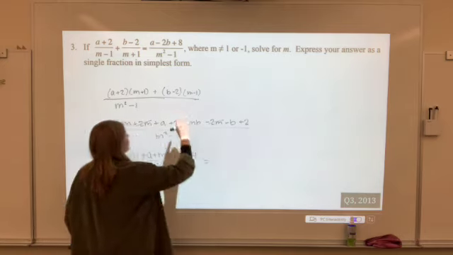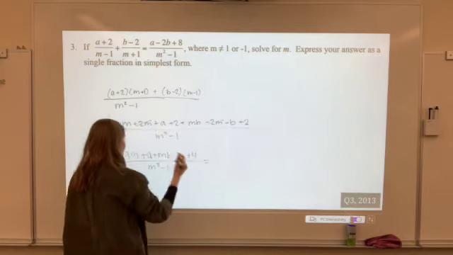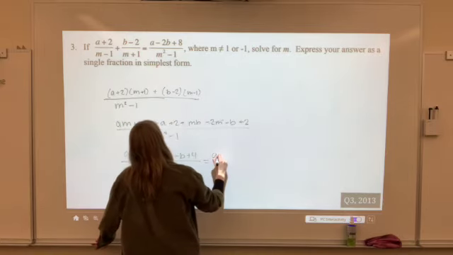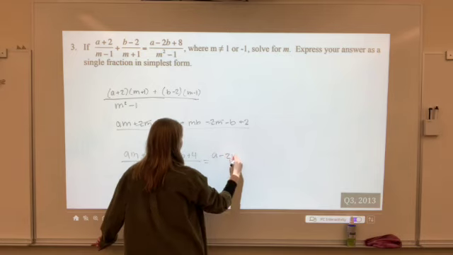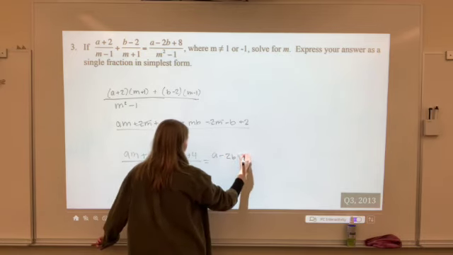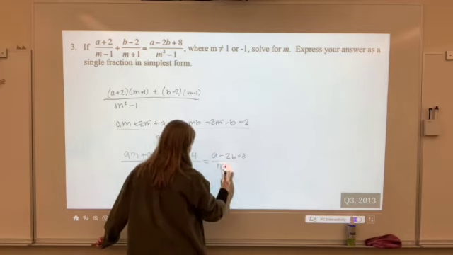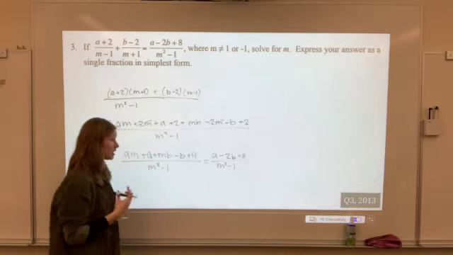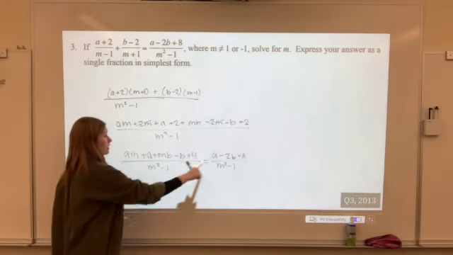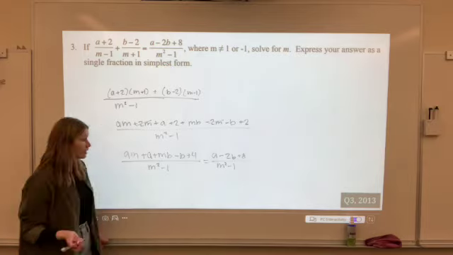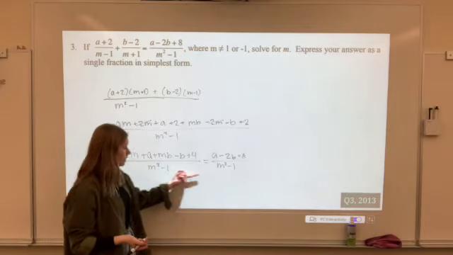And remember, that is still equal to this fraction over here. A minus 2b plus 8 all over m squared minus 1. Now, initially, I would say, let's cross multiply and solve. Well, in this case, our denominators are the same.